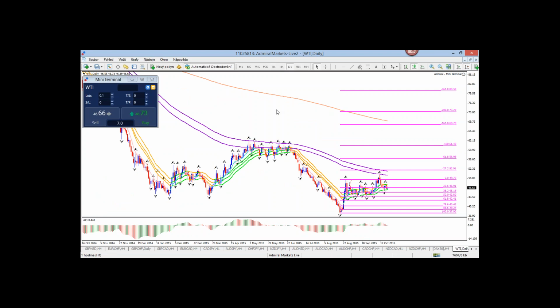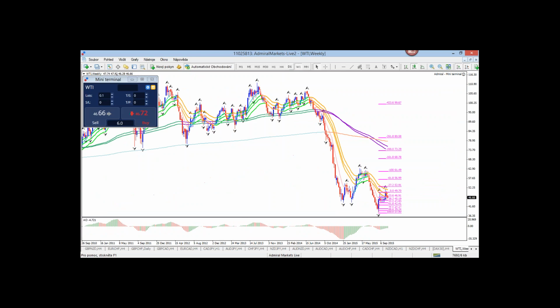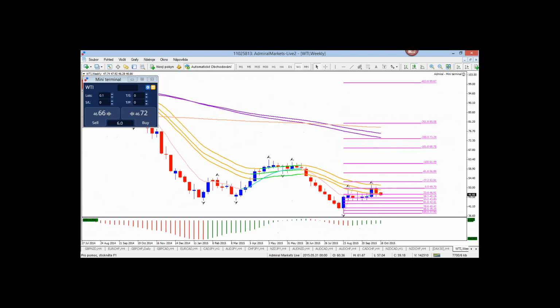Well, the divergence did send price up to the daily tunnel. That has already occurred, in fact. But there's weekly divergence too, which means I would be a bit cautious with the downside at the moment. Of course, there are a lot of other factors than technical analysis, especially on oil.